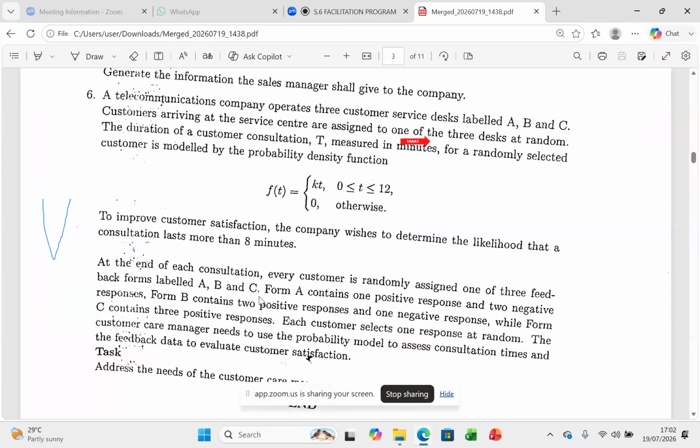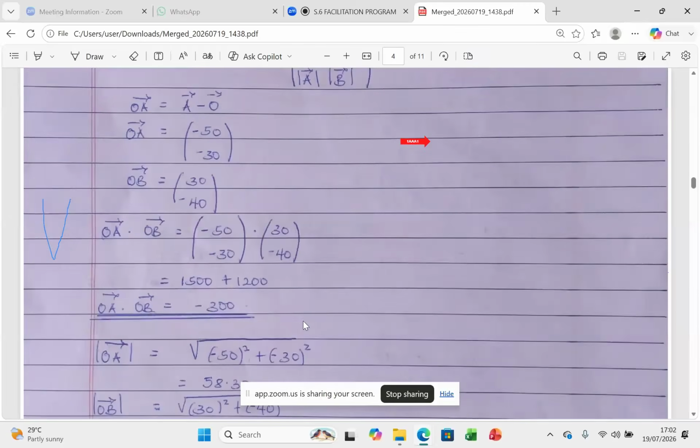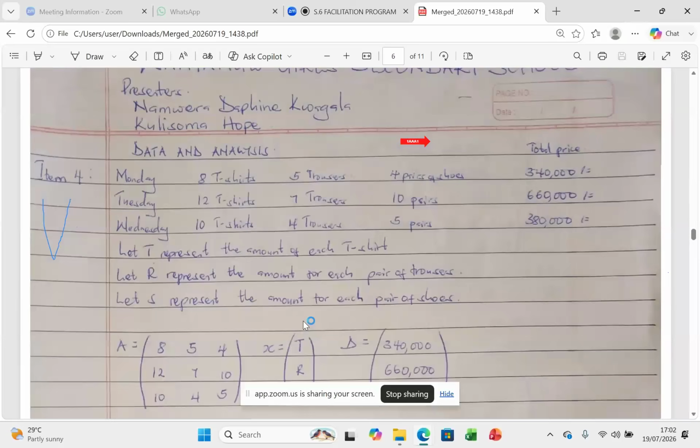We have 3 forms, which are A, B, and C. For form A, it contains a positive response, which is 1, and 2 negative. Then for B, it contains 2 positive responses and 1 negative. And for C, it is all positive. This is the very information that we fed in the table.